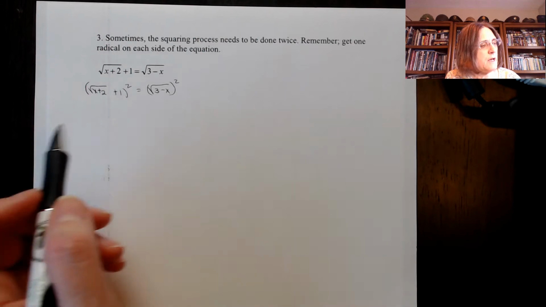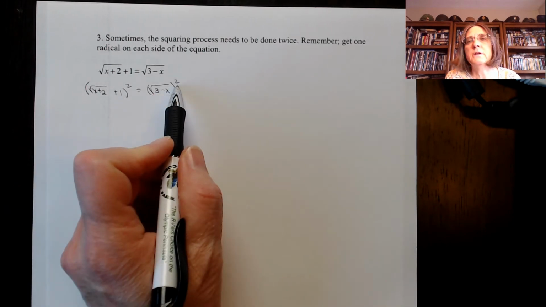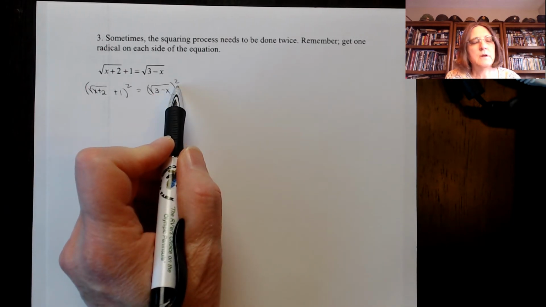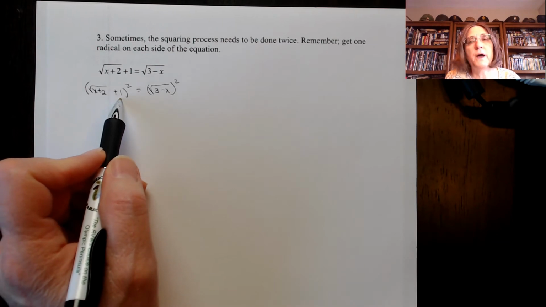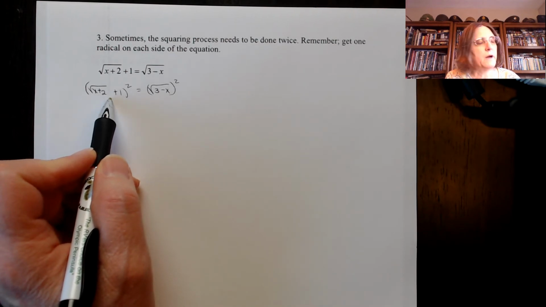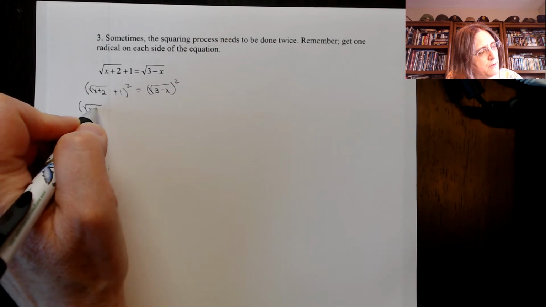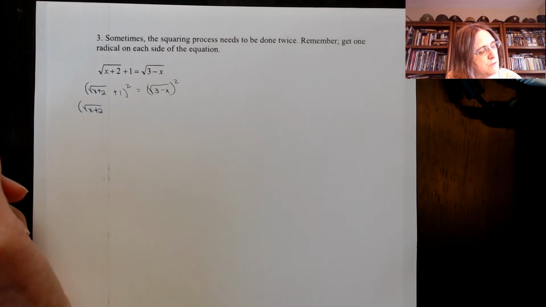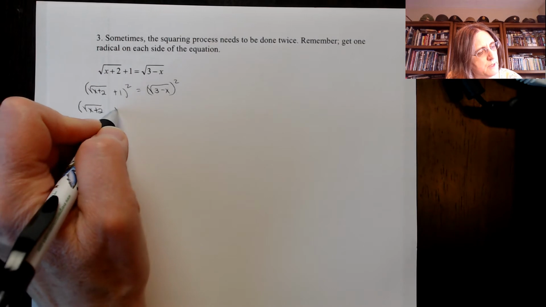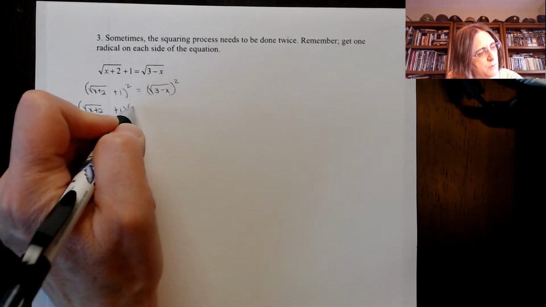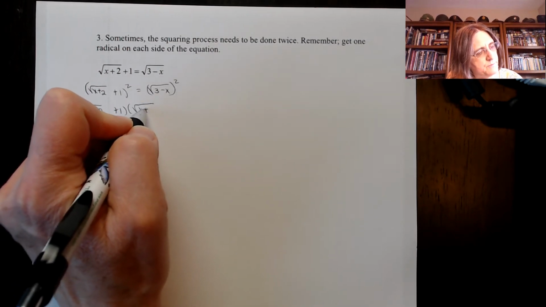On the right side, life is easy. The square root is undone by the square. But on the left side, we have a binomial that needs to be squared. So to see that, let's go ahead and write out both binomials. We have the square root of x plus 2, and then we have plus 1 multiplied by itself.